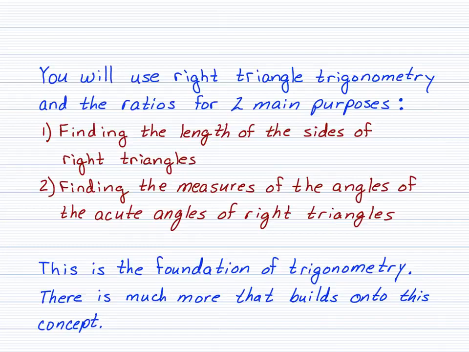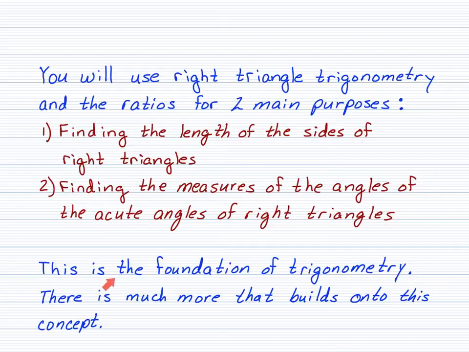All right, so we're going to be using right triangle trigonometry and those ratios that we've looked at for two main purposes. The first purpose is going to be finding the length of the sides of the right triangles. And the second purpose is going to be finding the measures of the acute angles of the right triangles.